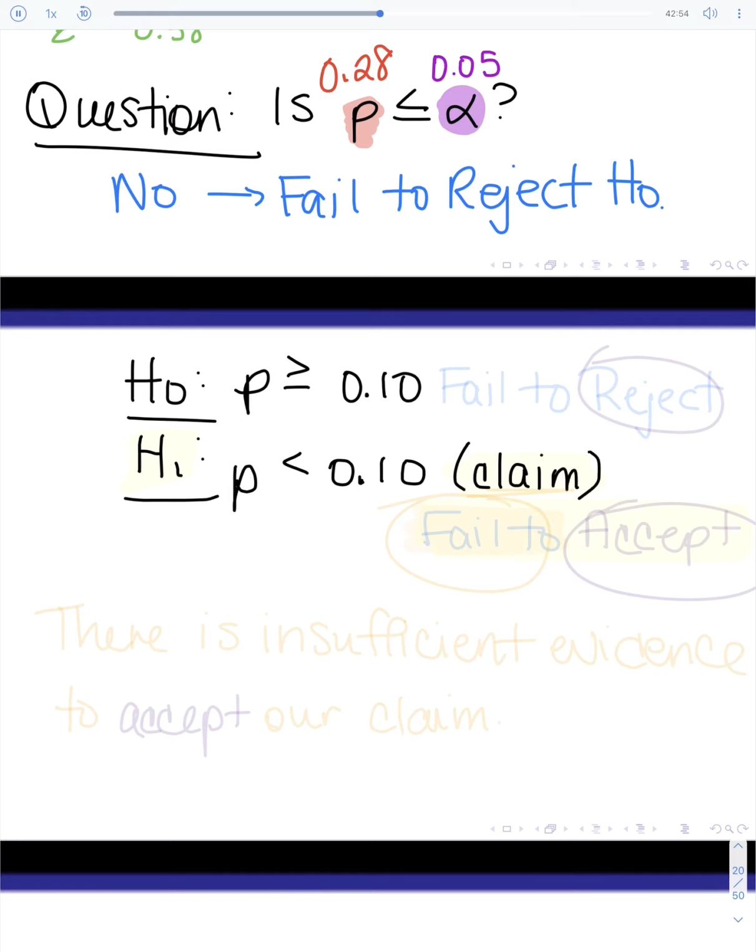So we are failing to reject H naught, which, remember, means we're going to do the reverse with our H1. Instead of failing to reject, we're actually going to fail to accept H1.